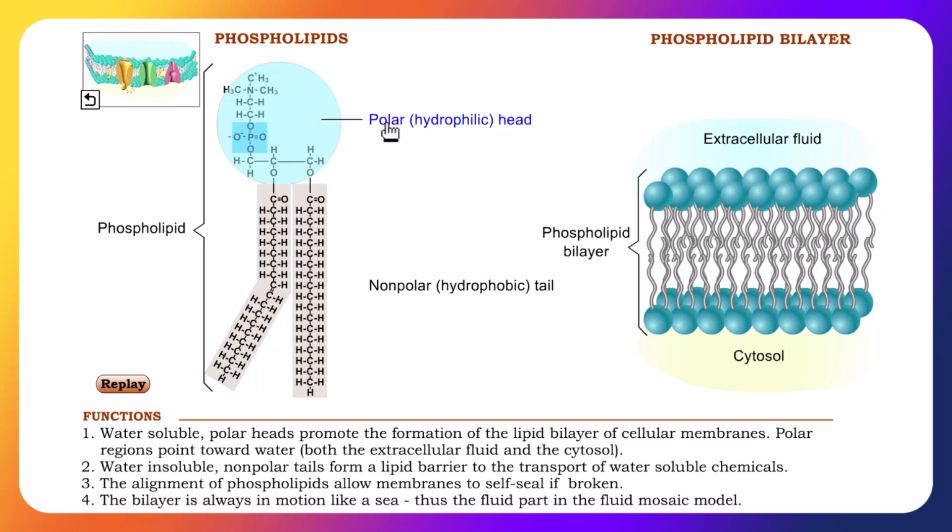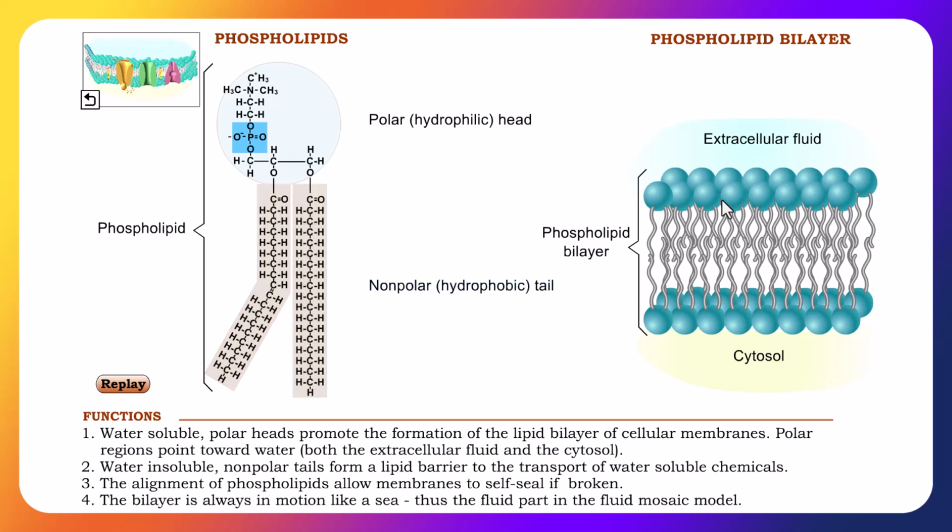Polar regions point toward water, both the extracellular fluid and the cytosol. The water insoluble or nonpolar tails form a lipid barrier to the transport of water-soluble molecules.